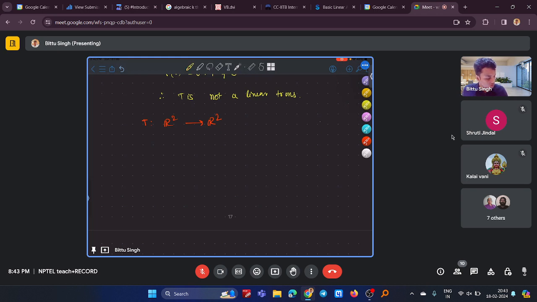It is actually given by T of x, y equals x cos theta plus y sin theta, comma, minus x sin theta plus y cos theta. Okay. Then the question is, is T a linear transformation?